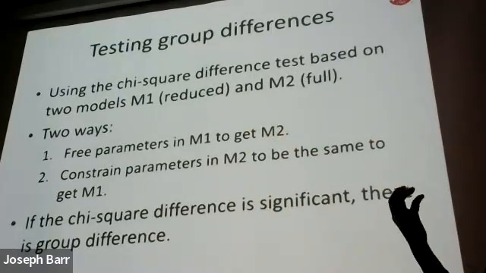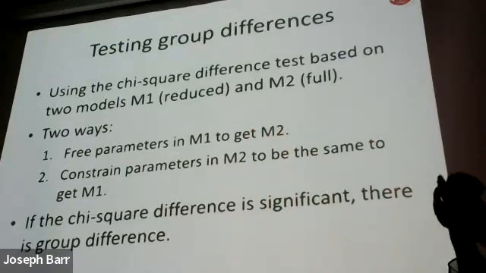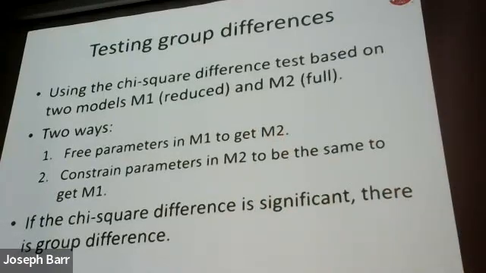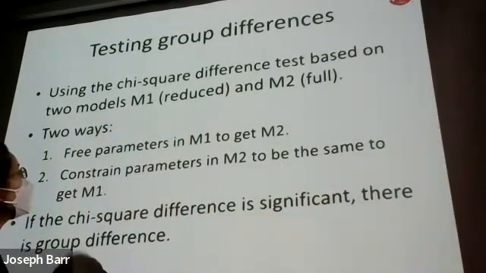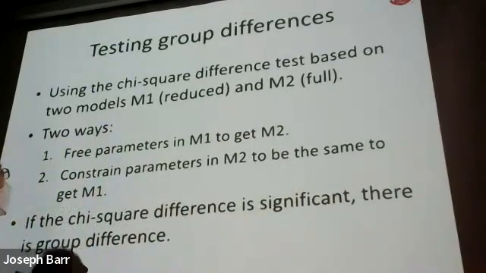Then we're gonna calculate the chi-square values of each model and calculate the difference, okay? Of course, you have two ways. You can start from M1 and then free some parameters. Okay, so I'm gonna freely estimate some parameters.